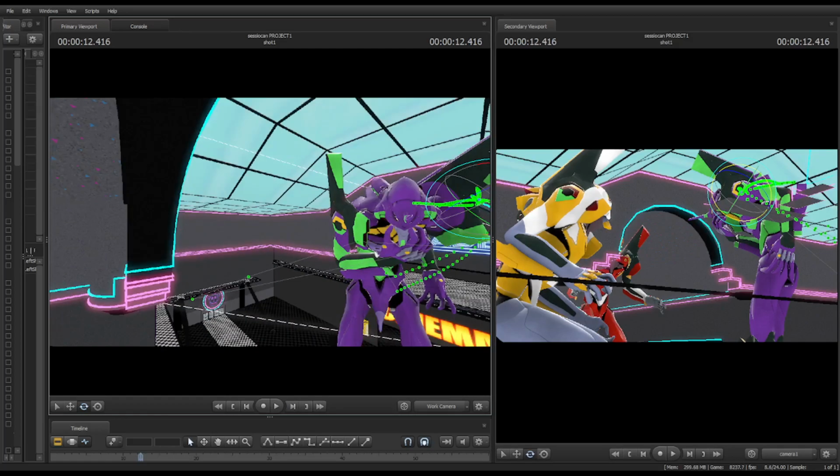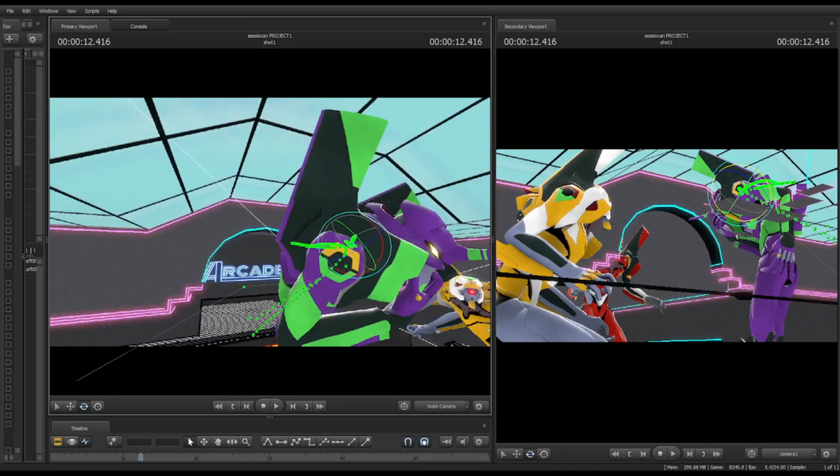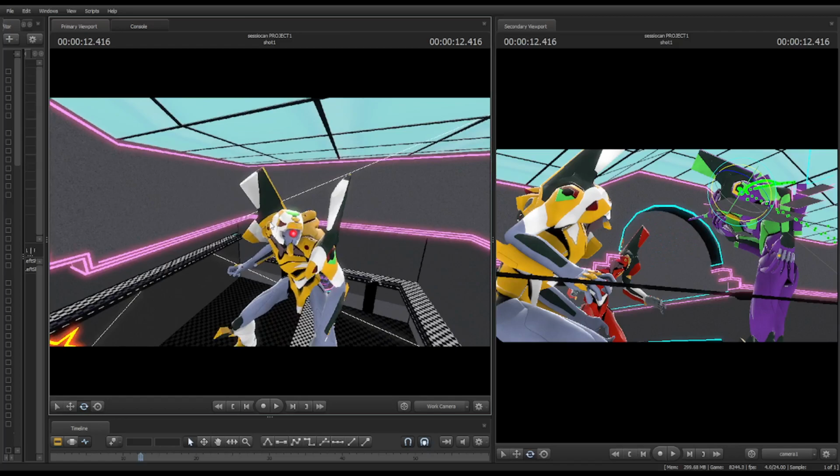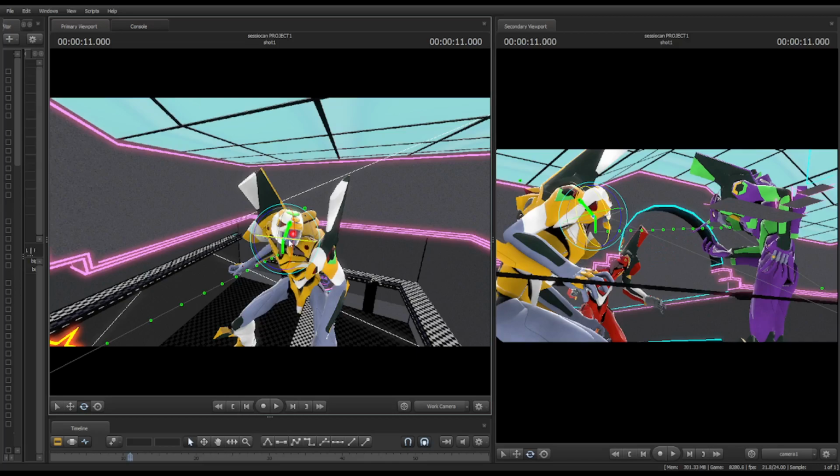But now the head of the Unit 2 is not looking at the Unit 1, so I need to fix that again. Just one after another.